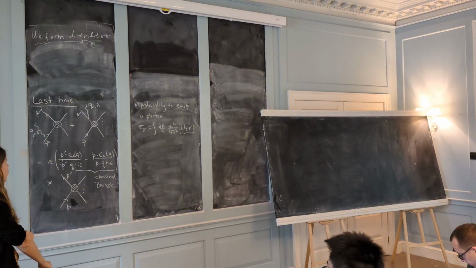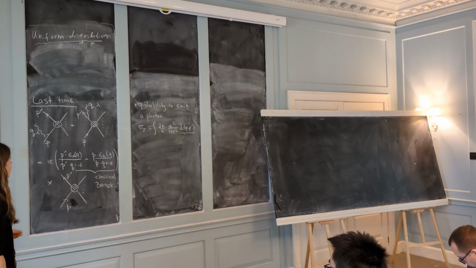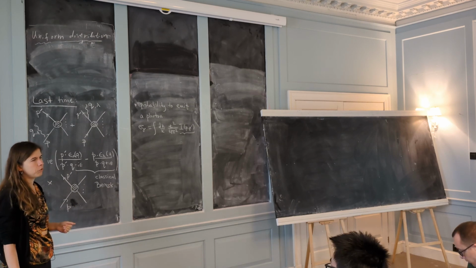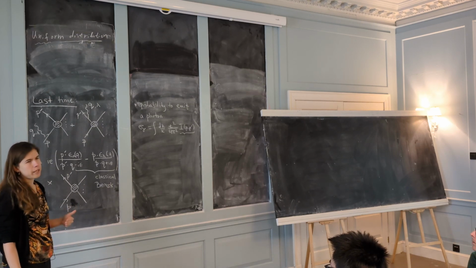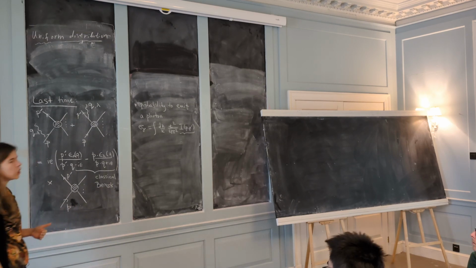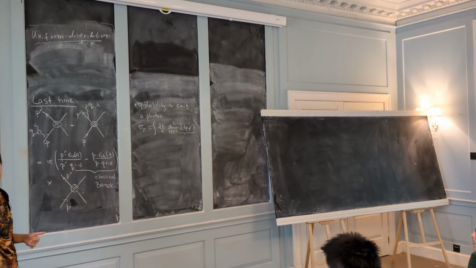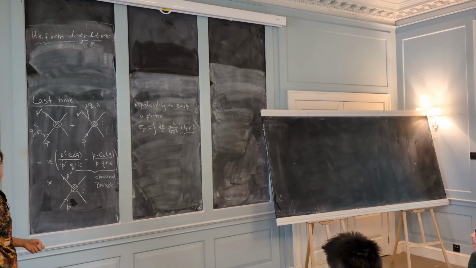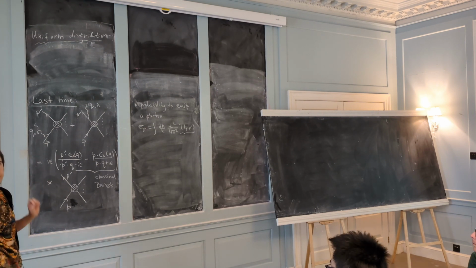So let me briefly remind you what we talked about. We discussed the problem of radiation emitted by a charged accelerated particle, and we looked at the problem from a classical point of view, where we looked at solutions to Maxwell's equations sourced by a particle that had a kink in it.